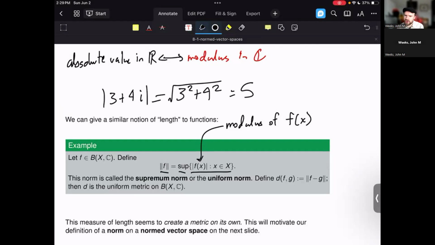Because the function f is a bounded function, we know that this supremum should be finite, which allows us to define this as a supremum norm, or the uniform norm. And then defining the distance between two functions to be the norm of the difference between those two functions, what you get out of that is not just a metric on the set of bounded functions, but you might recognize this as the uniform metric.